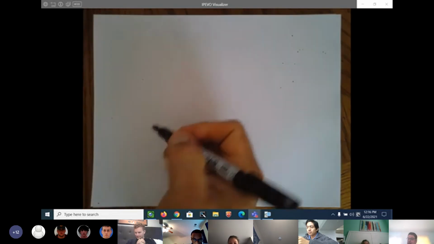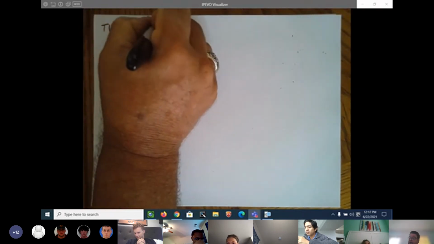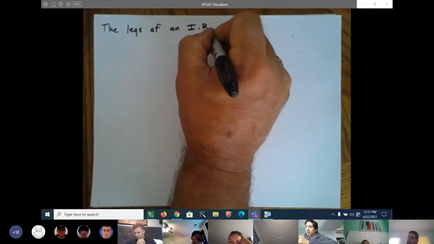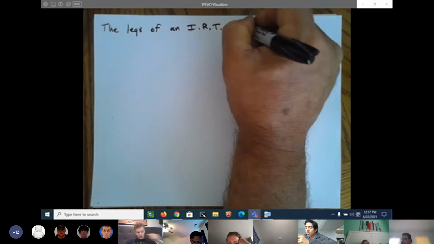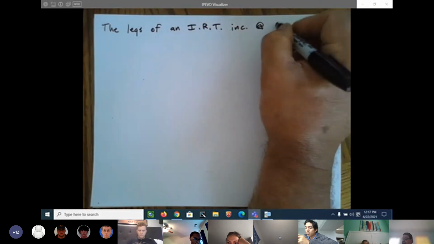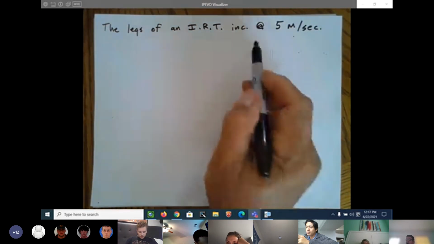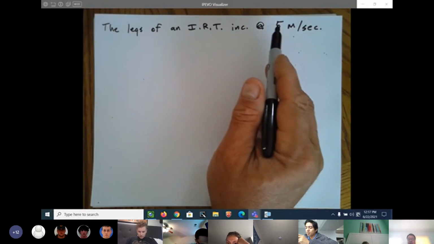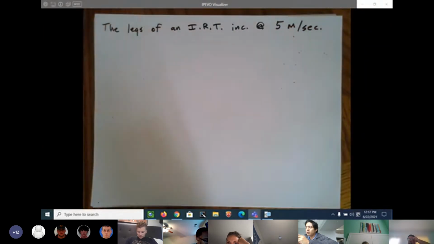All right. The legs of an isosceles right triangle increase at 5 meters per second. There is a rate of change right there, so that would be dl dt, or dx dt, depending on how you write it.